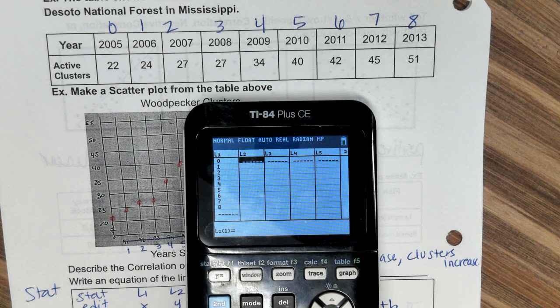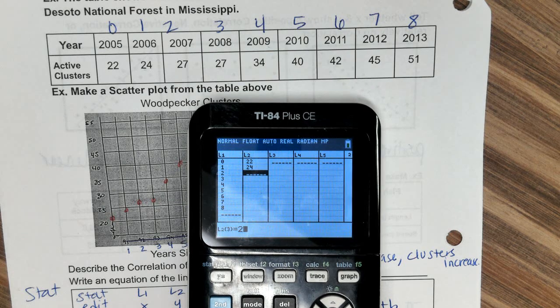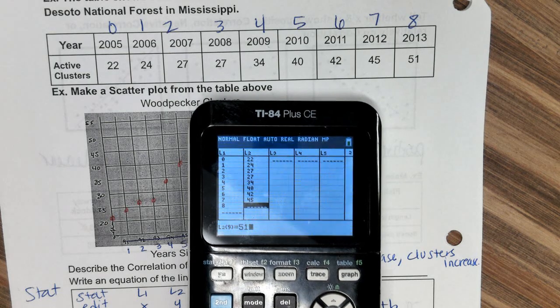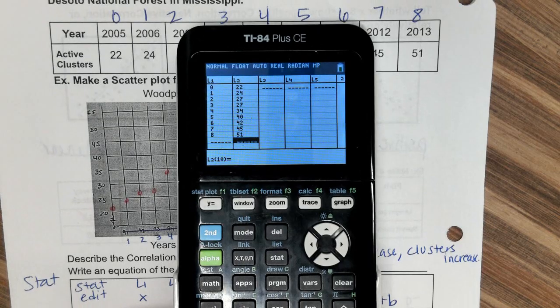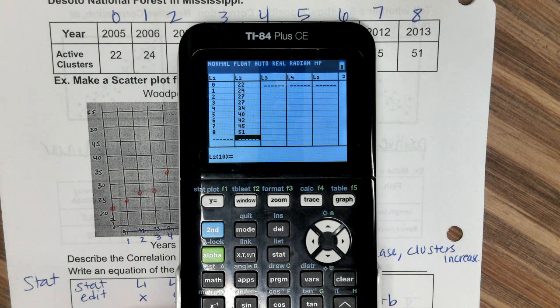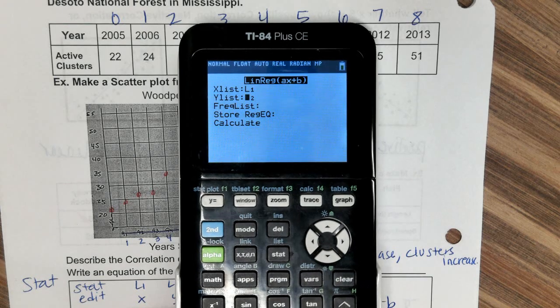And your L2s, you're going to put in your active clusters. Okay, so now we're going to go to Stat Calc, option 4.